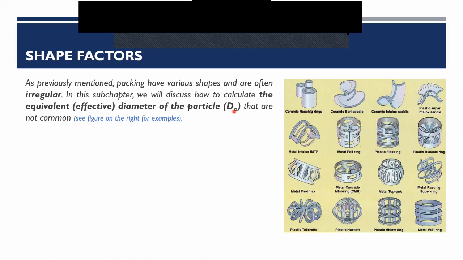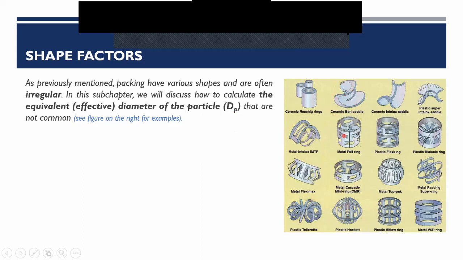However, if it's irregular in shape like this ceramic Berl saddle, how do you calculate the specific surface area? How do you calculate the volume?